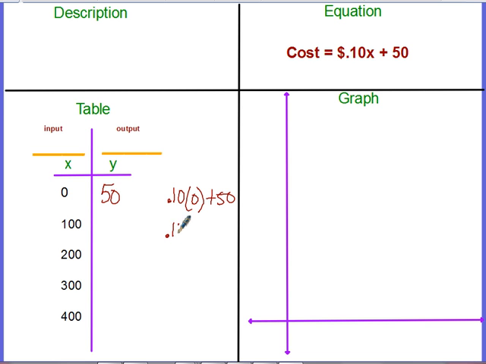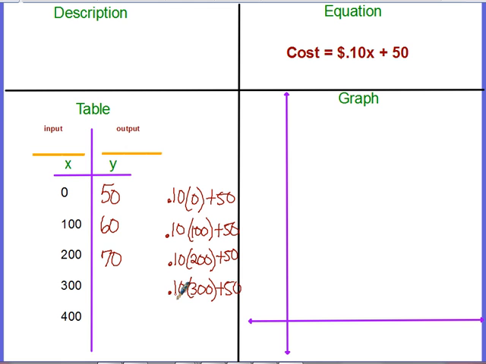And then 0.10 times 100 plus 50, that's going to be 10 plus 50, so 60. 0.10 times 200 plus 50 is going to get me 20 plus 50, which is 70. And I'm just going to finish this out. That's going to be 30 plus 50, which gets me 80.